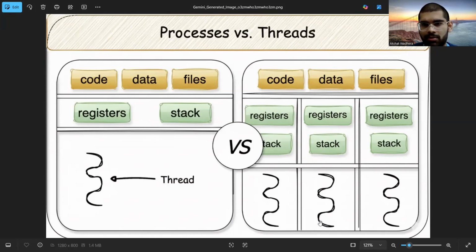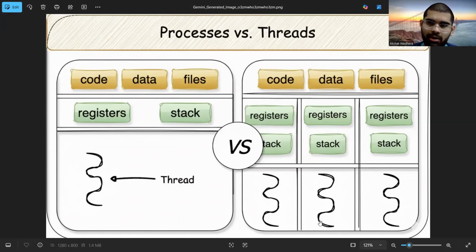So the high level difference between the two is that the creation cost is high in a process and low in a thread. Context switching is expensive in a process, but cheaper in the case of a thread. Isolation is very strong in the case of a process. That is, one process cannot access the memory of another process, but one thread can access the memory of another thread in the same process.